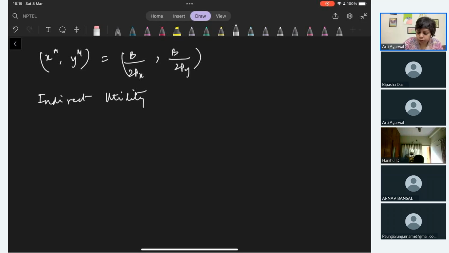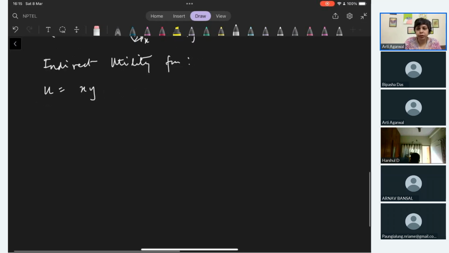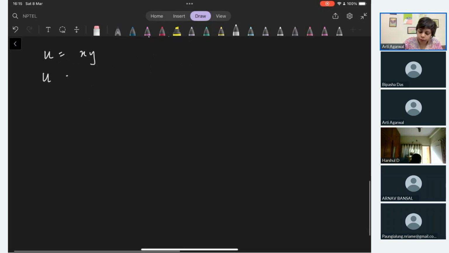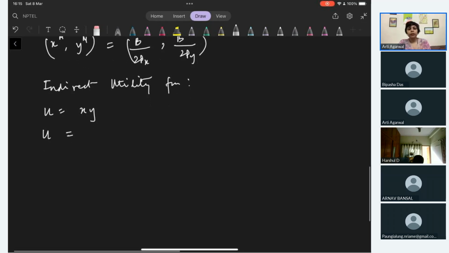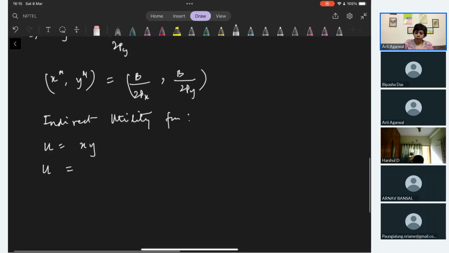So u was x, y, right? That was the value of the function u. Now if we write the value of u in terms of xm and ym, the expressions we already got, all we have to do is plug in the values of x and y from this Marshallian demand function we got here. We know the values of xm and ym.